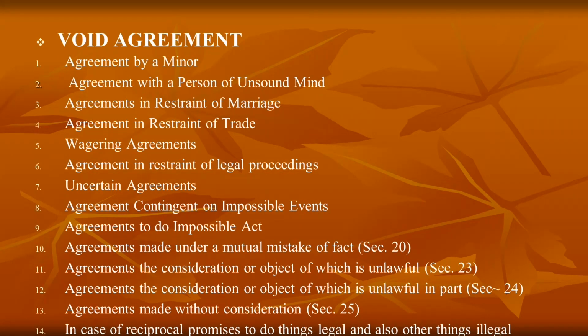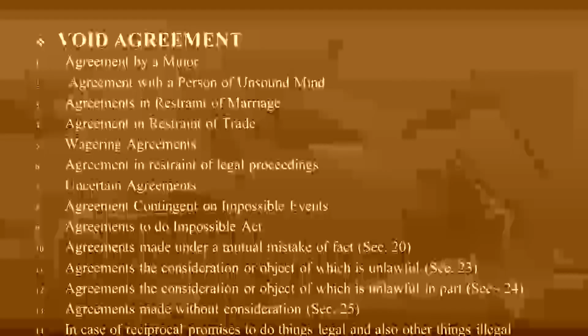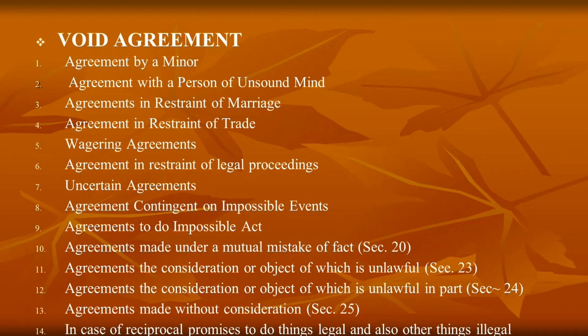13. Agreement made without consideration. Section 25. Consideration is one of the essential and most important factors of a valid contract. It is compulsory to have consideration to form a valid contract.